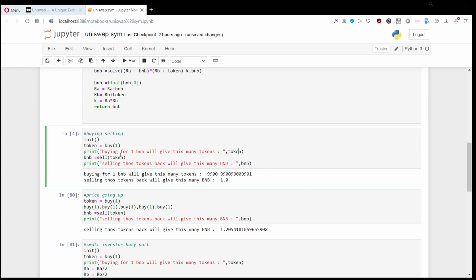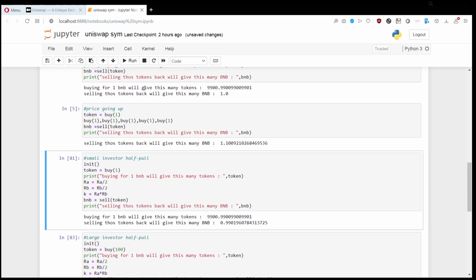We sell it back and get back our 1 BNB. There are no fees attached. Now let's say we buy for 1 BNB, another 5 people buy for 1 BNB, and then we sell back. Then we made 10% profit. Good for us. The price went up in the meantime.